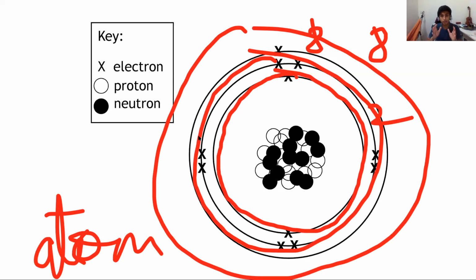For any atom to be stable, it has to have 8 electrons in the outermost circle. I know this is a little bit complicated chemistry, but try and understand. But in some cases, there are either more or less than the 8.